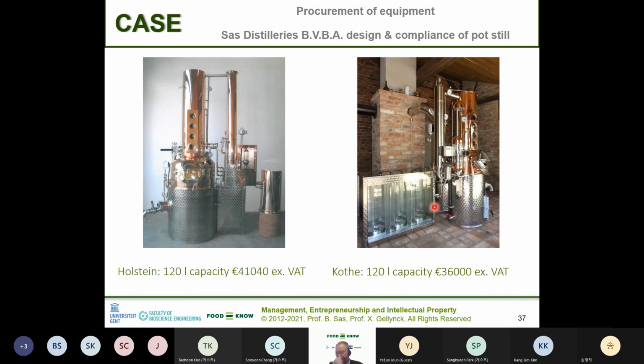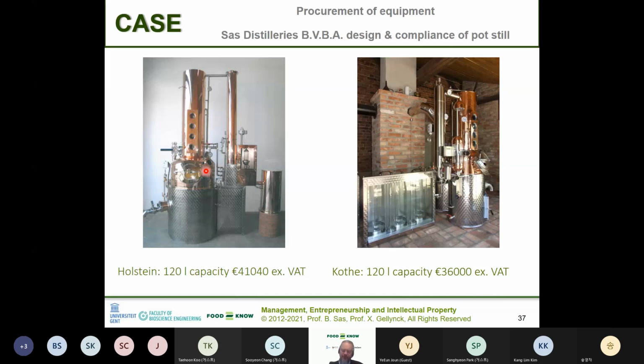I had another provider which could build my design, and I now have double the capacity, so a working capacity of 200 liters, multifunctional, for less than, let's say, 1/3 of the price of this Holstein.